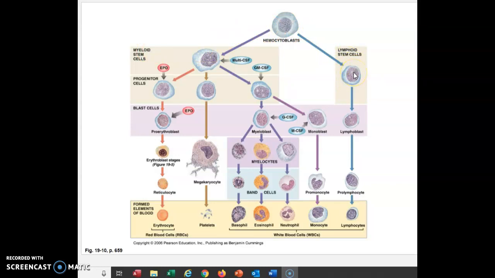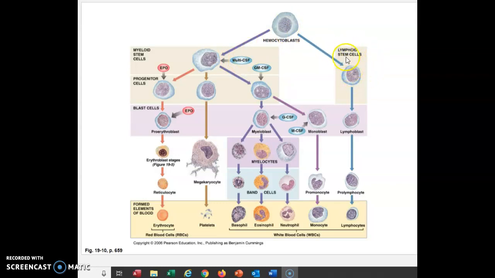The easy answer is it depends on what chemicals, what factors, the hemocytoblasts are exposed to. Notice in our picture, if a hemocytoblast is exposed to something called multi-colony stimulating factor, CSF, then it will become a myeloid stem cell. If it is not exposed to multi-colony stimulating factor, then it will become a lymphoid stem cell.